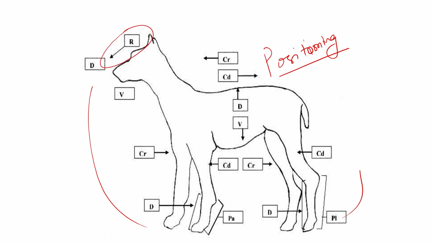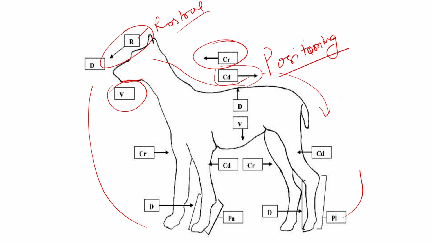Whatever is over here on the area of the head, we call rostral, and below the chin is the ventral region. Anything towards the head region we put as cranial, and the portion of the body on the dorsal side towards the tail is caudal.